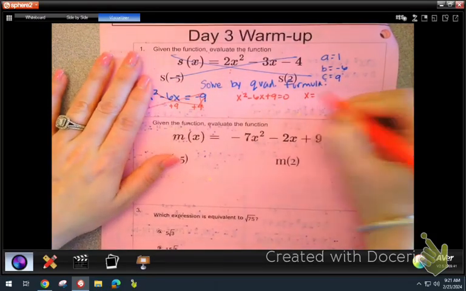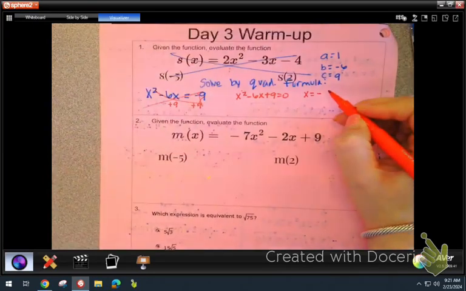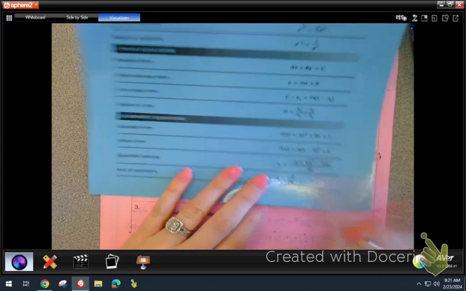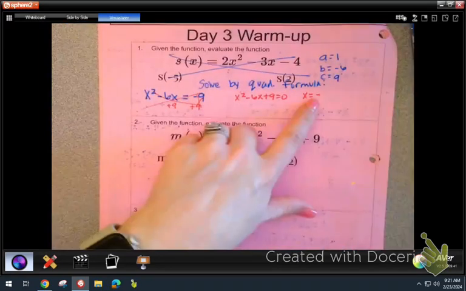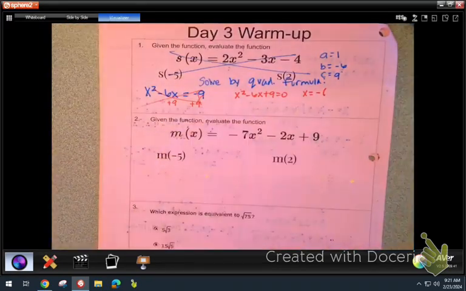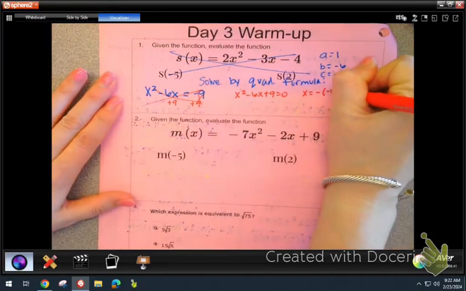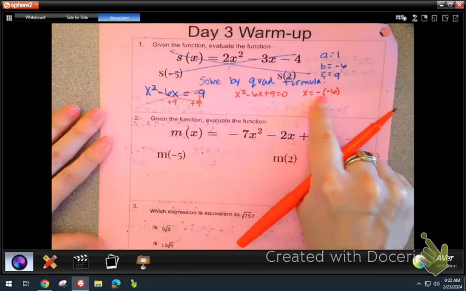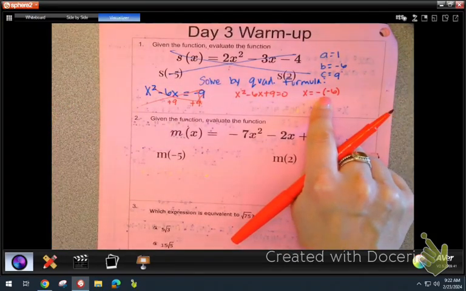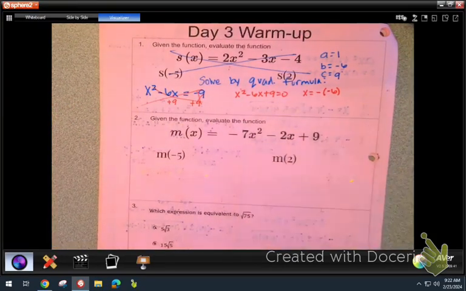And the formula says negative. This is one thing that I corrected a couple people on, so make sure you're listening. The formula says negative b. So I write the negative, and then I'm going to open up parentheses. What is my b value? Negative 6. So if your b value is negative, you're going to have a double negative situation here. Make sure you get that. It's negative and then your b.